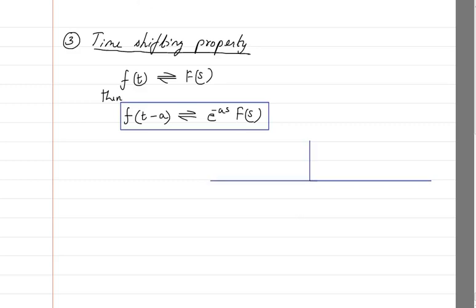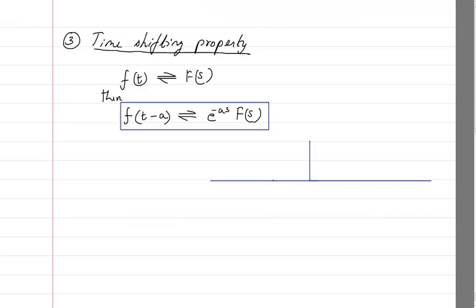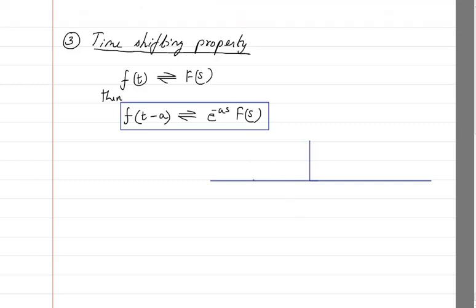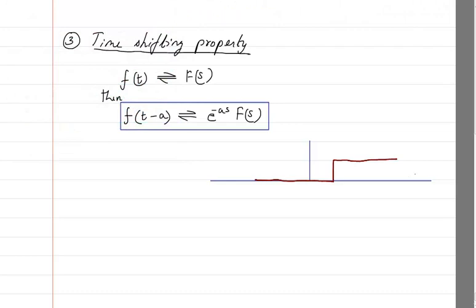Let us draw the unit step function, but now we are going to draw it not from 0, but a little bit to the right side. So what I say is that the function has been shifted in time.